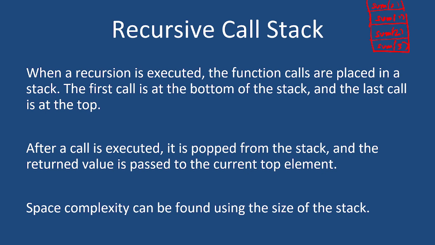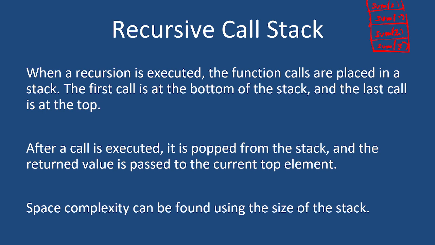Very good. So it means that all of you are on the same page. When a recursion is executed, the function calls are placed in a stack. The first call is at the bottom of the stack and the last call is at the top, which you can see here and is clearly depicted in the diagram as well. After a call is executed, it is popped from the stack and the returned value is passed to the current top element.